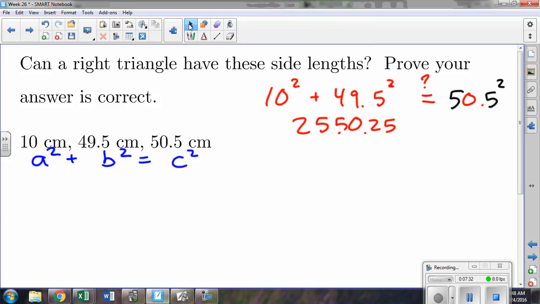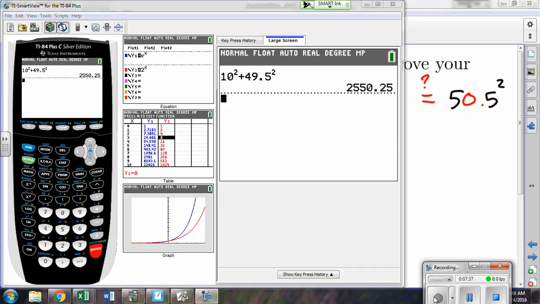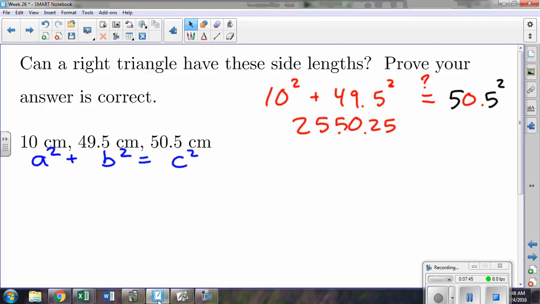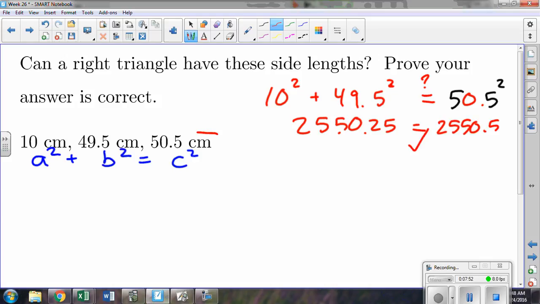And so checking that one out, 50.5 squared. Pretty sweet, we see they match. And because they match, we know then, yes, .25, thank you, Jerica, for catching my writing error. These 3 numbers do form the sides for a right triangle.